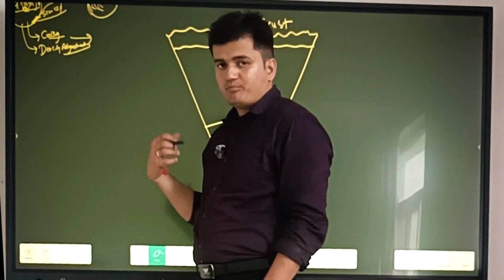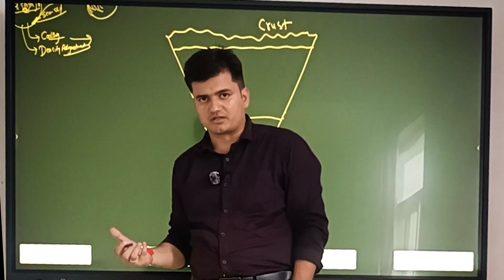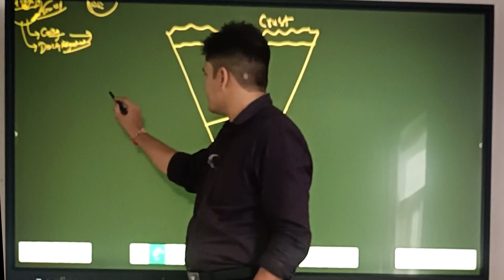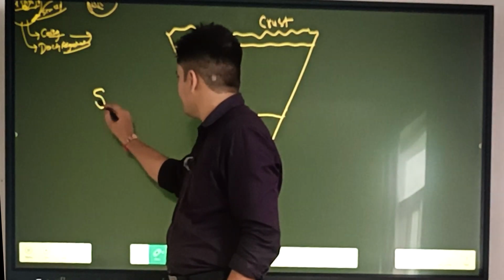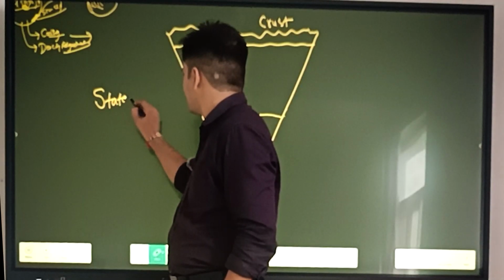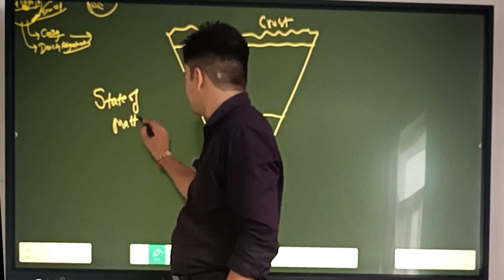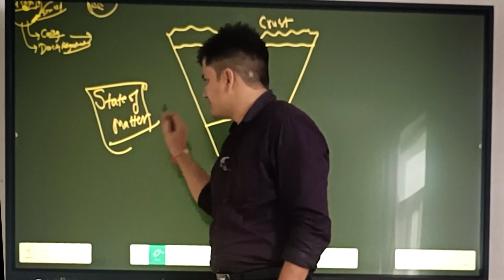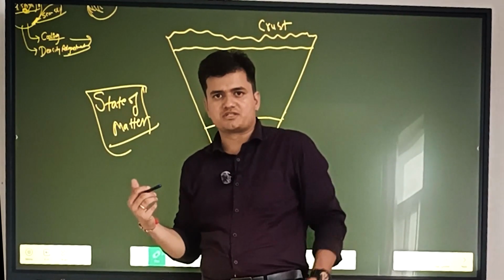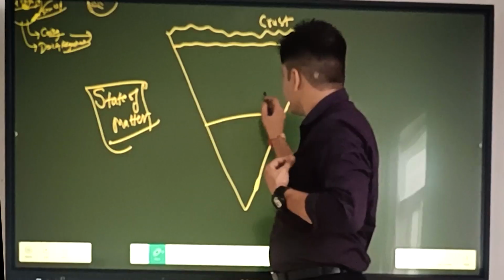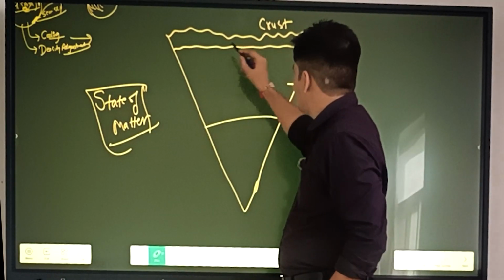But we have different models which describe the interior of the earth, and in this lecture we are going to discuss the model based on the state of matter. According to this model, we have different layers which formed on the basis of the state of matter.